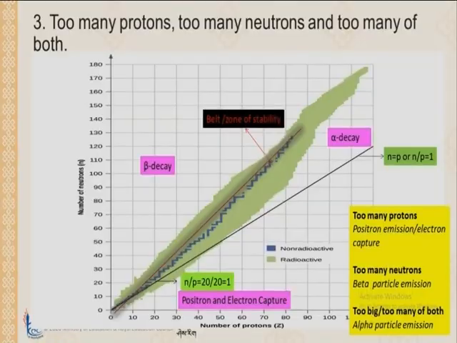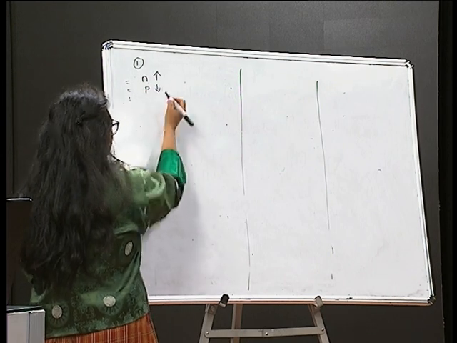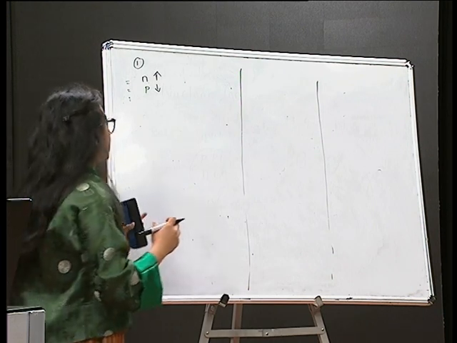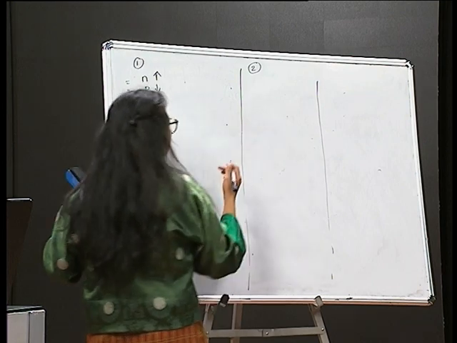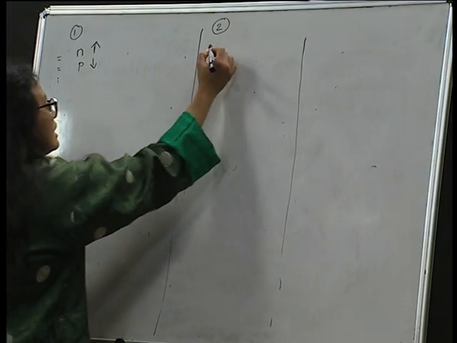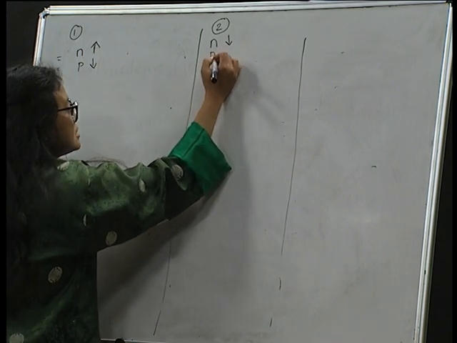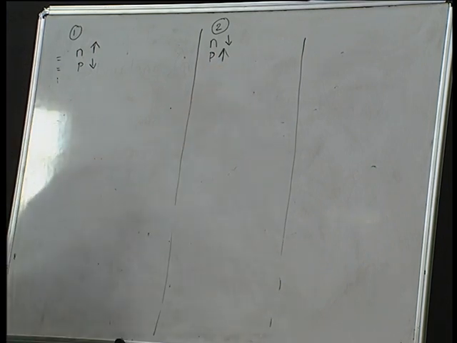Now, from this chart known as the N/Z chart, the first problem with the radioactive substance: the elements present above that stability zone will have more number of neutrons and less number of protons. Second, the radioactive substance that resides below the stability zone has less number of neutrons and more number of protons.